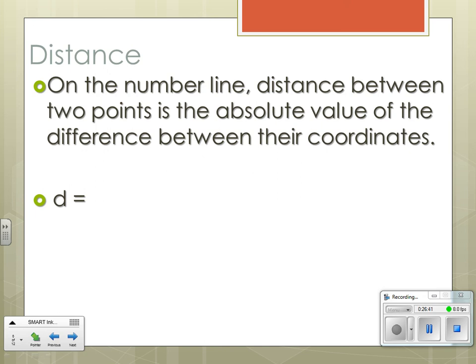On the number line, distance between 2 points is the absolute value of the difference between their coordinates.